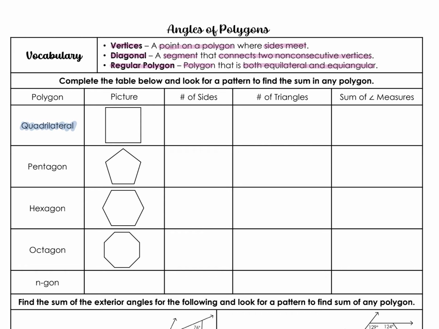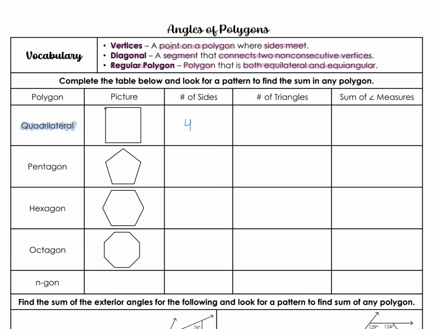And so here we have a picture, and then let's look at filling in our number of sides, which, like I said, is just going to be 4. And so they're asking for the number of triangles. So the way you figure out how many triangles is you're going to start at a vertice, and then you are going to draw a diagonal from that vertice that you've chosen.